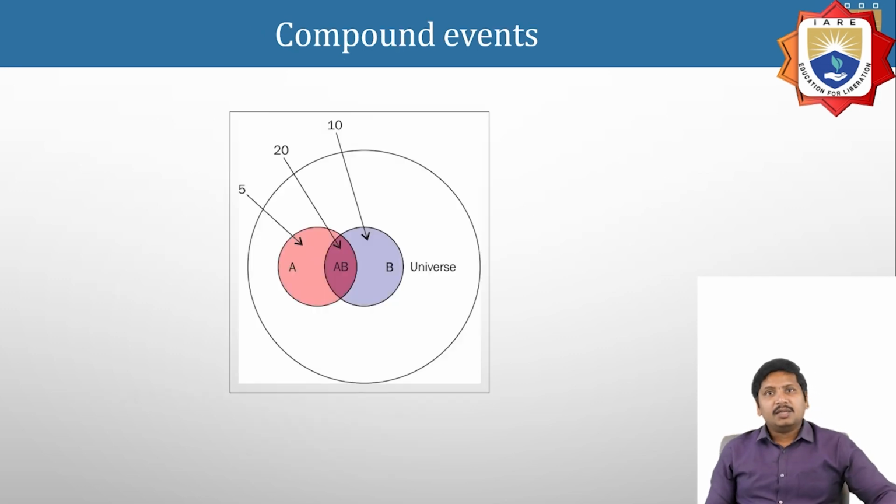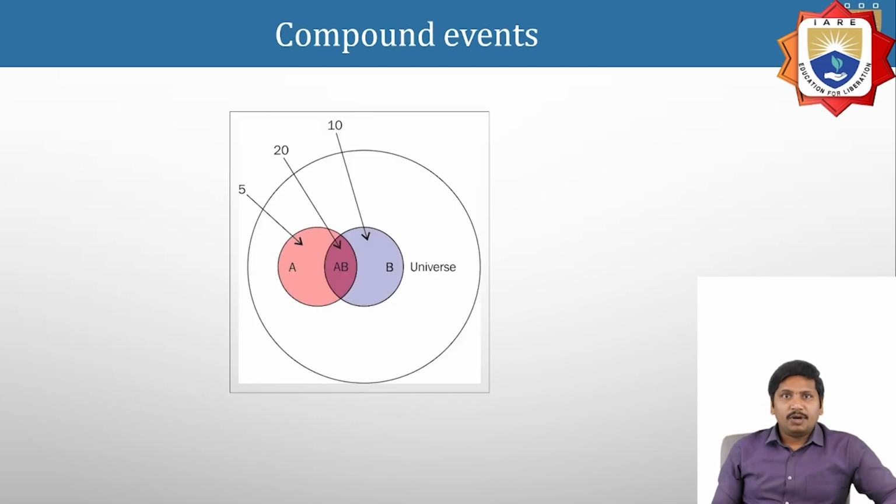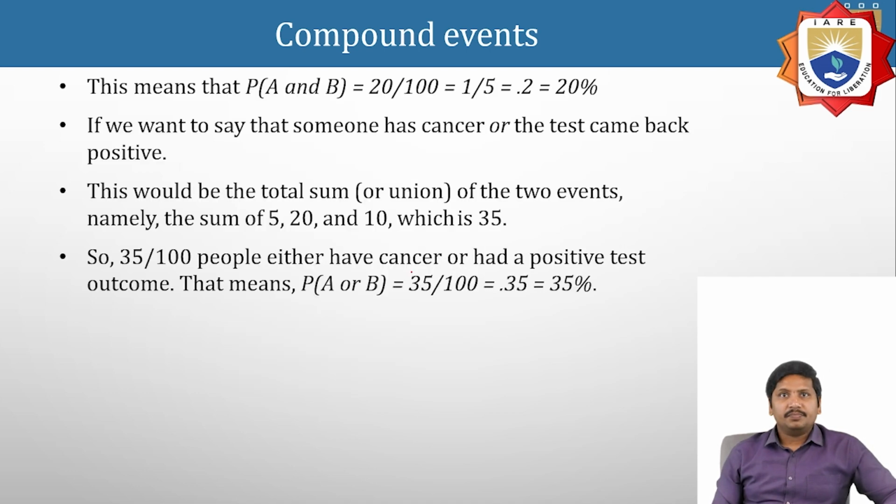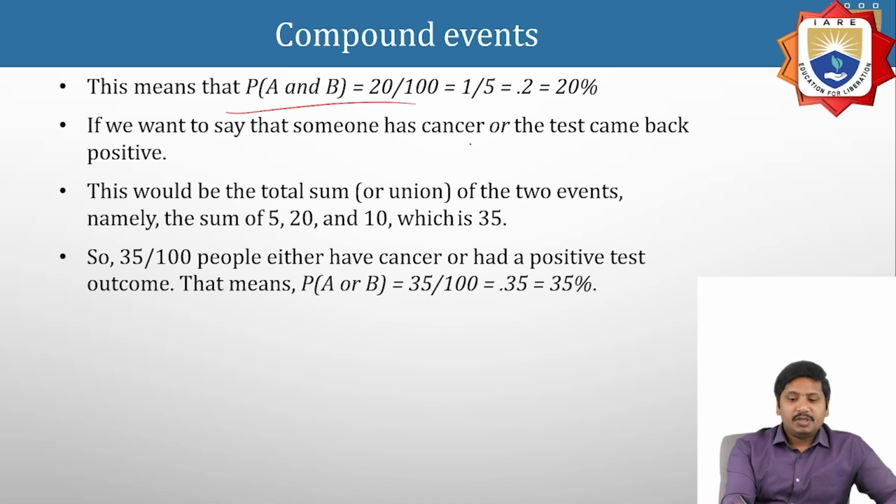Look at this diagram. This is the representation of compound events. Here I can represent a compound event A, and there is the intersection of A and B. Suppose the probability of A and B is equal to 20 divided by 100, that is 0.2, or 20%.